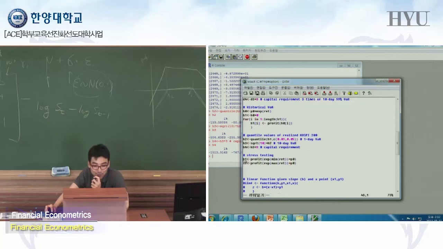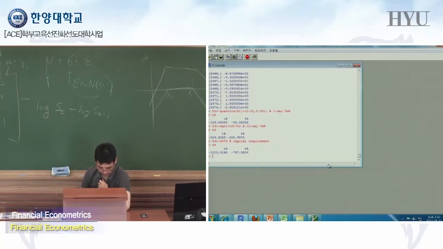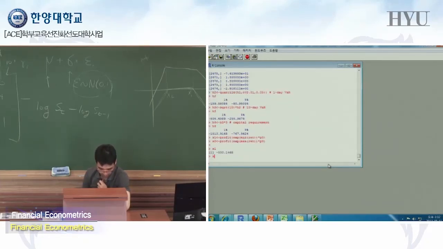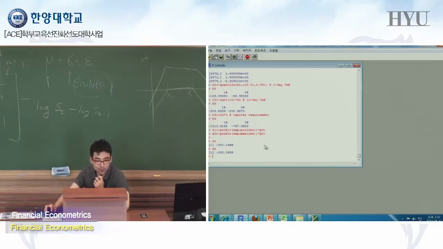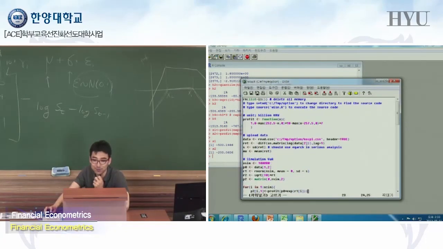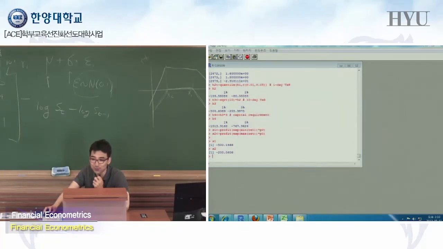Okay, so S1 and S2 look like this. Apparently I lose more money in the extreme negative case. So in order to pass the stress test, I need 500 billion capital at least. You can ignore this part. Okay, simple, right? So this is what you have to do in your homework.